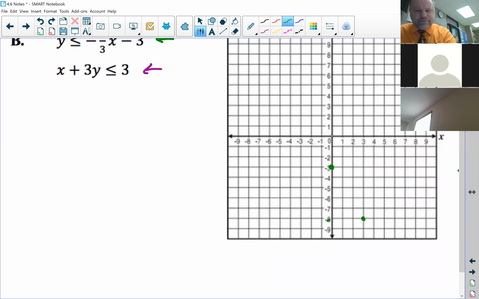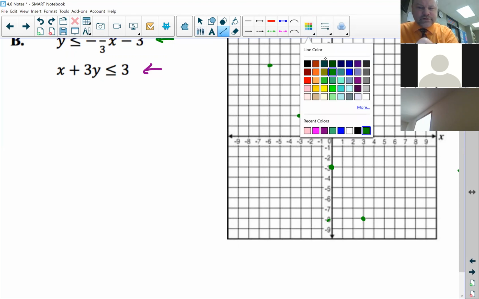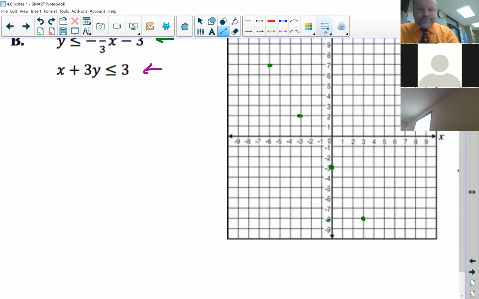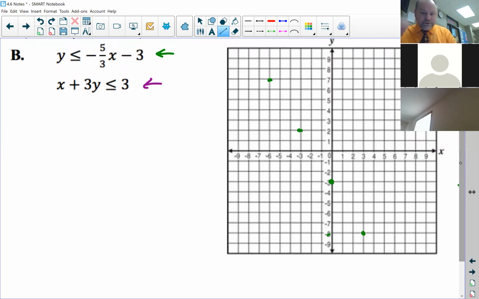I could also go up 5, left 3. Graph that line, which is going to be a solid line.